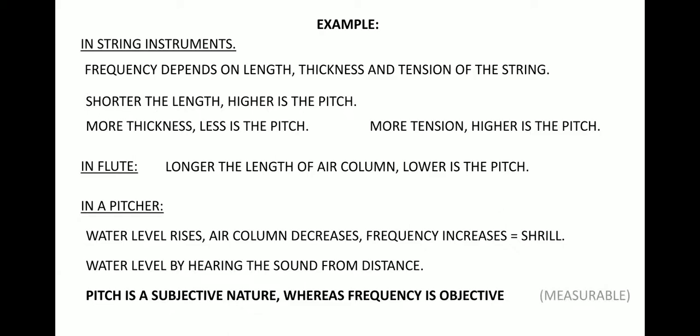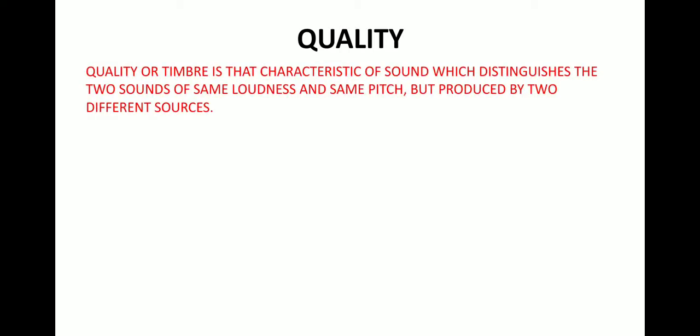Next we move on to the next characteristic of sound, that is quality. Quality, also called timbre, is that characteristic of sound which distinguishes two sounds of the same loudness and the same pitch but produced by two different sources. For example, let's say there's a guitar and a violin.